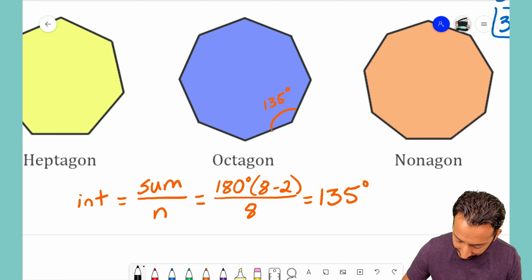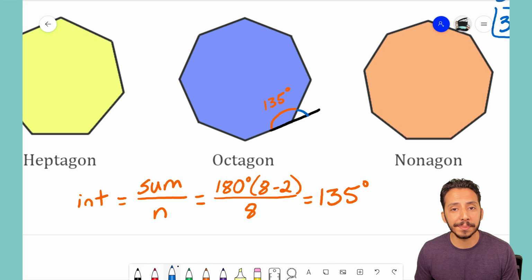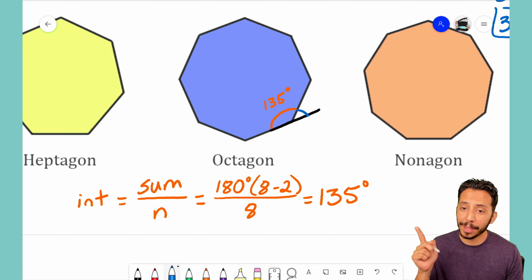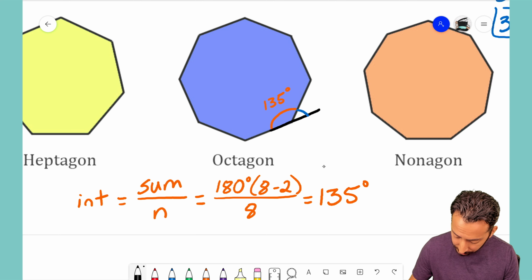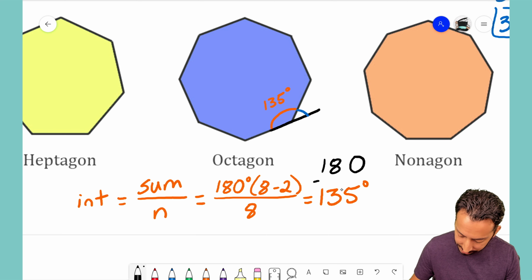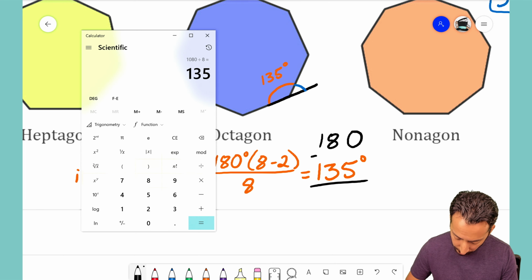Now, I'm going to extend this one side past the vertex so we can create that exterior angle. For the exterior angle, we know that that angle and the interior add to 180. So all I have to do is take 180 degrees and subtract 135 to figure out our exterior angle.